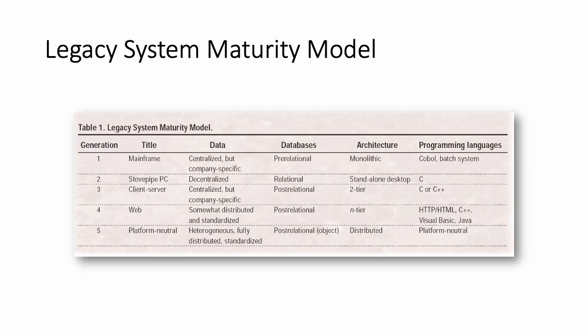There's something called a legacy system maturity model that I just want to show you because you've got these different generations where the first generation is what we call mainframe. Everything is monolithic. Everything is wound into one system. The second is a stovepipe PC, which is very similar to a mainframe. It just runs on a smaller computer. The third is client server, where we were splitting.